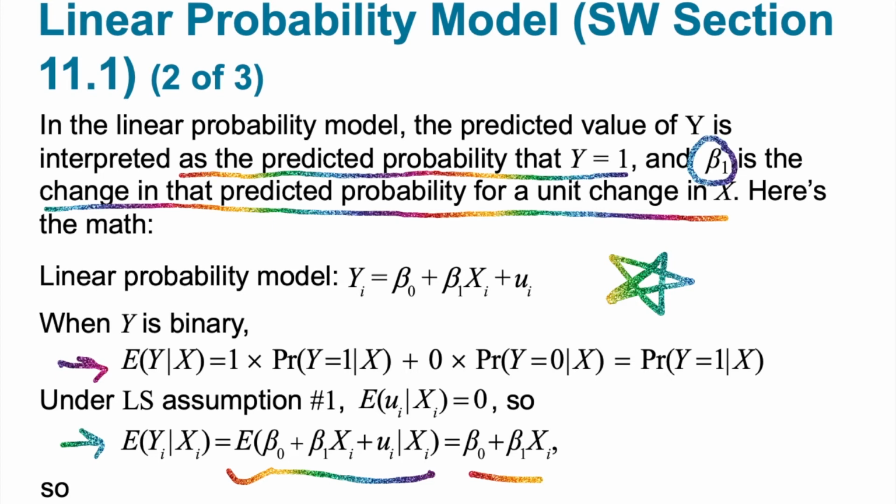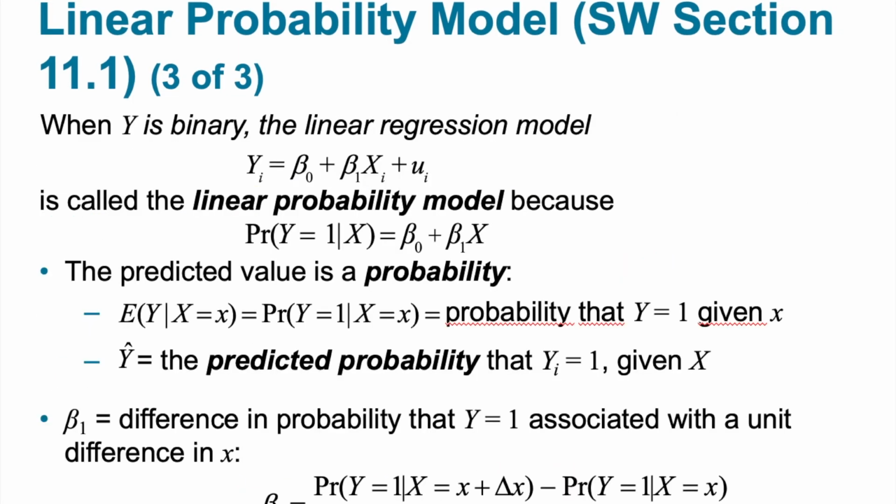So the probability that y equals 1 given x is equal to beta naught plus beta 1 times x_i. We call this the linear probability model because our predicted value is a probability, and it is linear in the right-hand side variables.